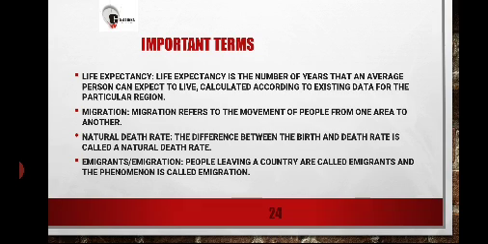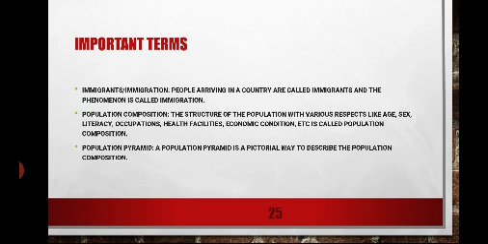Natural death rate means the difference between birth rate and the death rate. Emigrants or emigration concept is also known to you. People who leave the country are the emigrants. And emigration means the process of emigration. Clear? Immigrants means who are coming into our country, and the process is known as immigration.